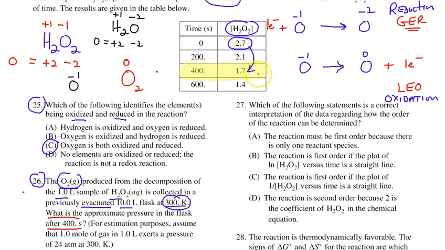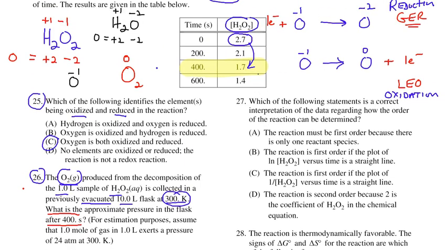So 2.7 minus 1.7, kind of giving the answer, right, equals 1.0, and this is a concentration, so this is molarity. That's how much was lost.